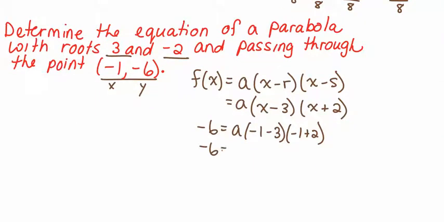So negative 6 equals negative 4a. I'm going to divide both sides by negative 4. So a is equal to 6 over 4, which if I divide those both by 2, that's 3 over 2.